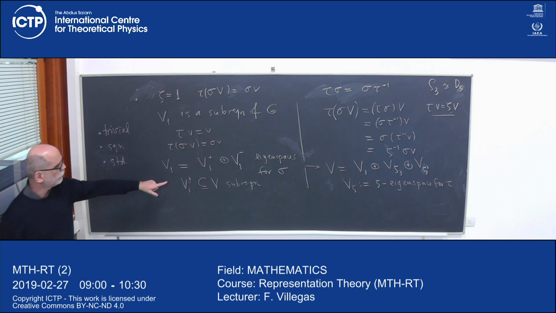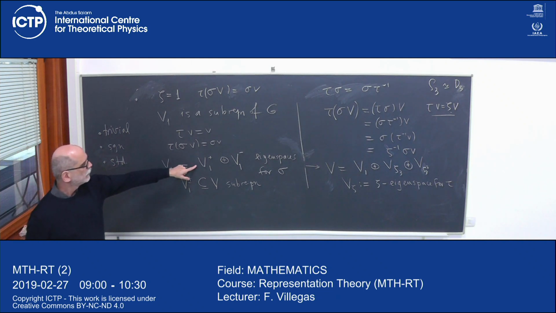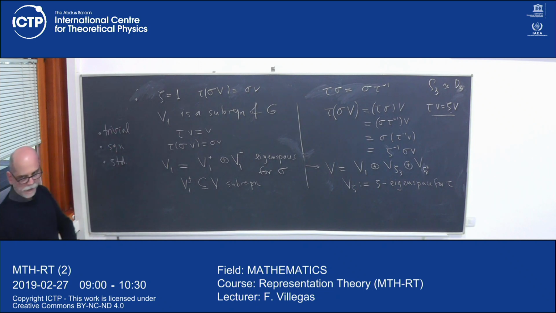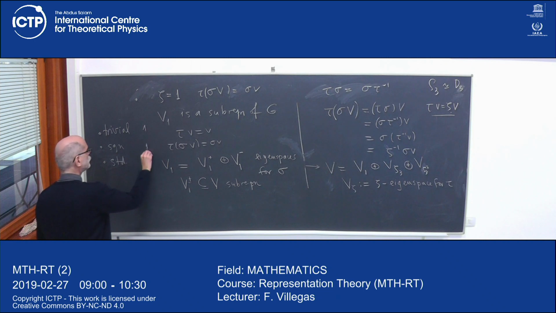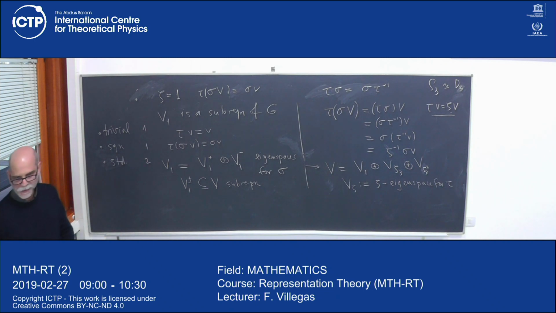So if I look at this V1 plus, how would you write it as a sum of these? This is one-dimensional, this is one-dimensional, this is two-dimensional. So if I have a vector space of dimension 1,000,000 and the group G acts trivially, how do I write it as a sum of these?